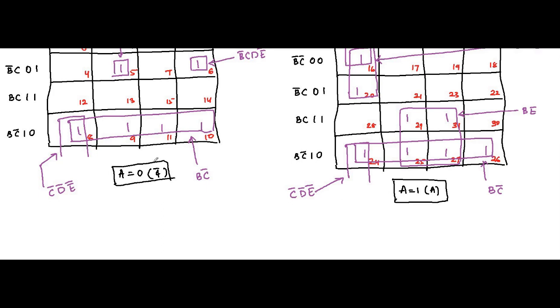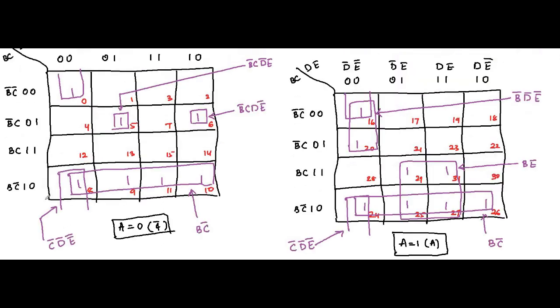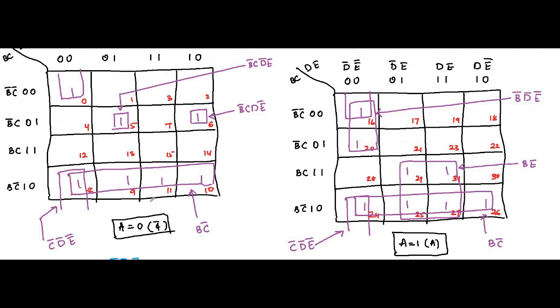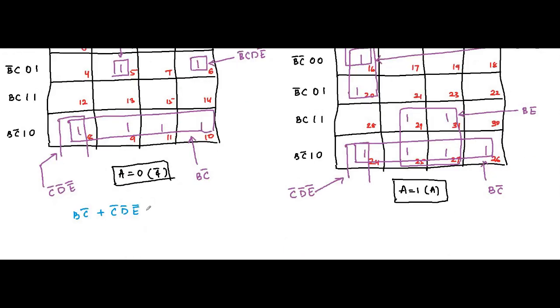Now for this first K-map, the common variable expression is something like this: B C bar, or C bar D bar E bar, or B bar C D bar E, or B bar C D E bar.